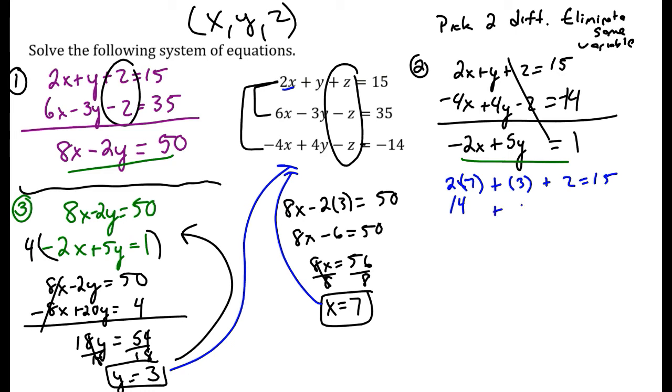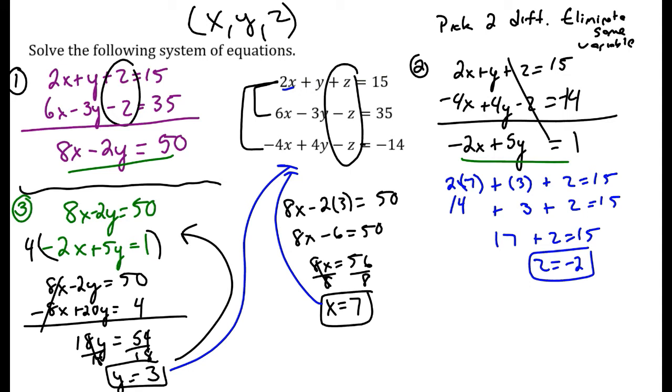So 14 plus 3 plus z has to give me 15. That's 17 plus z equals 15. Well, 17 plus what gives you 15? 17 plus negative 2. So z equals negative 2.